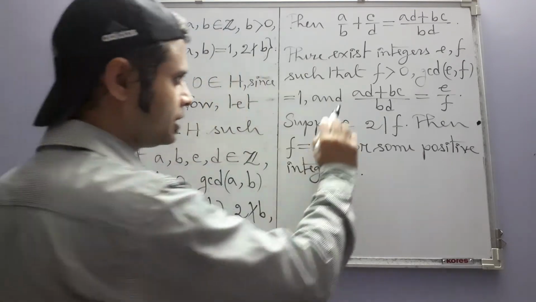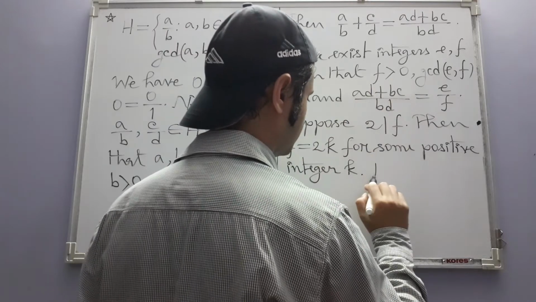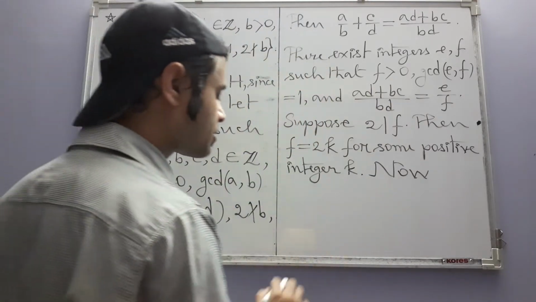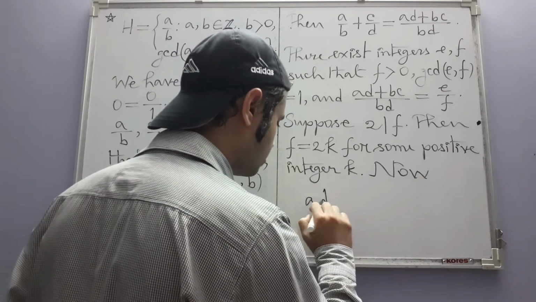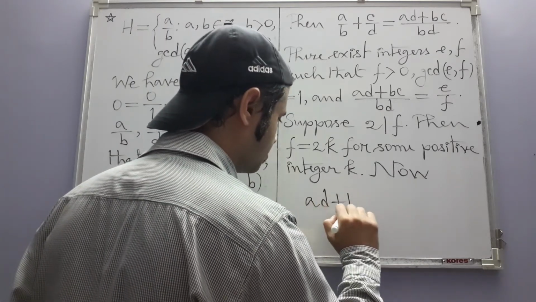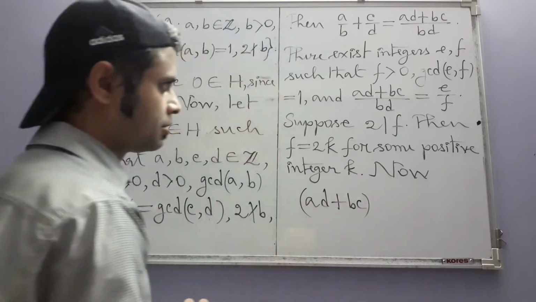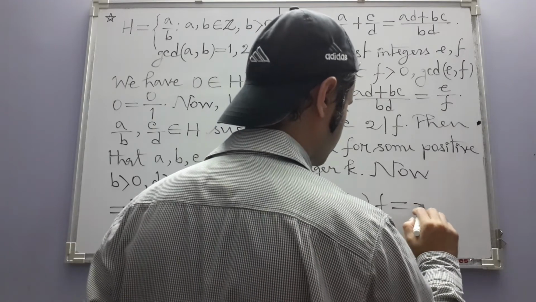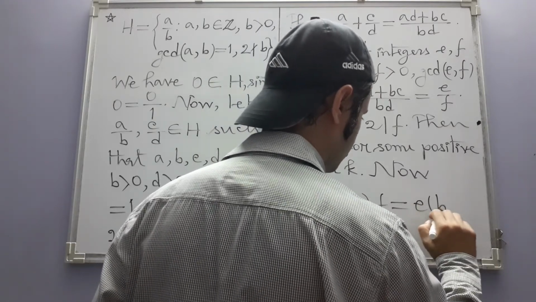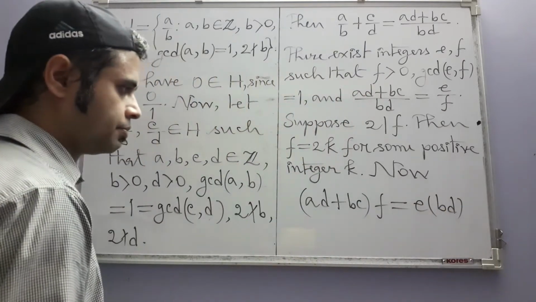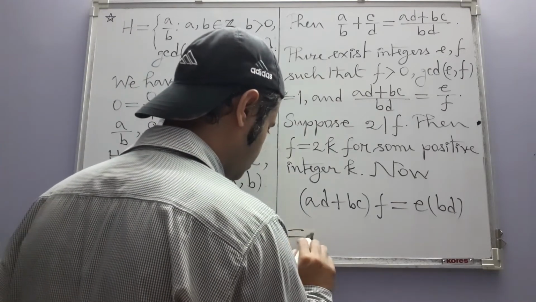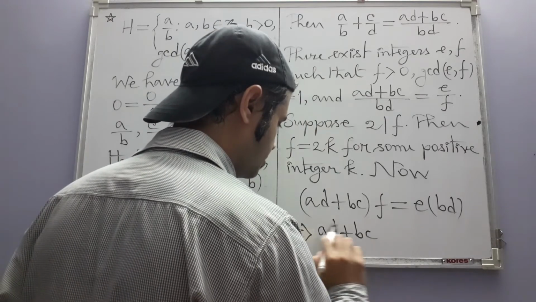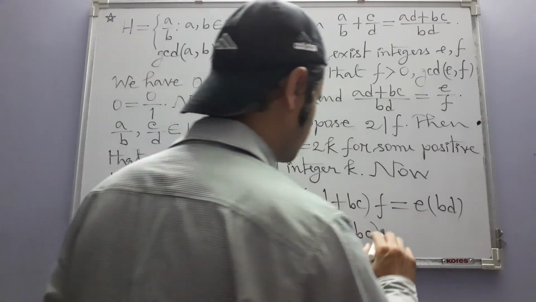Now, what do we get from this equation? If we cross multiply, we then have AD plus BC times F, that is equal to E times BD, or AD plus BC times 2k equals E times BD.